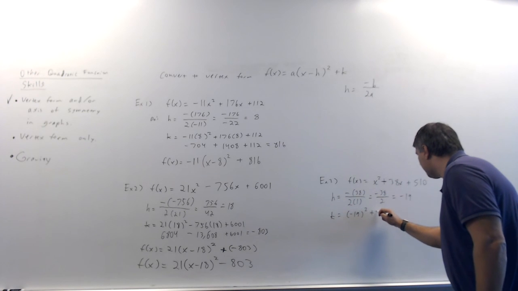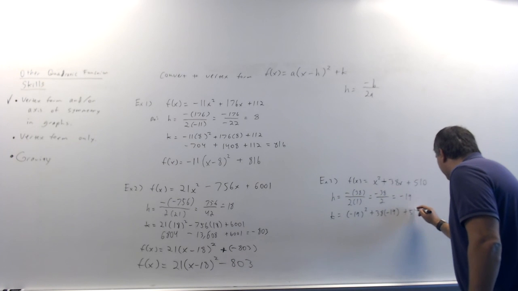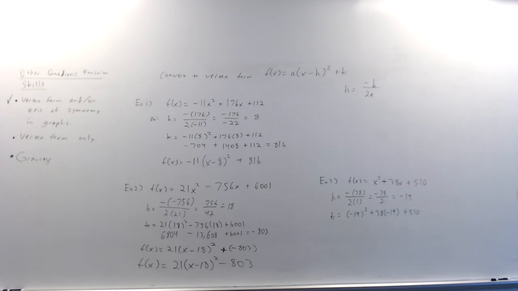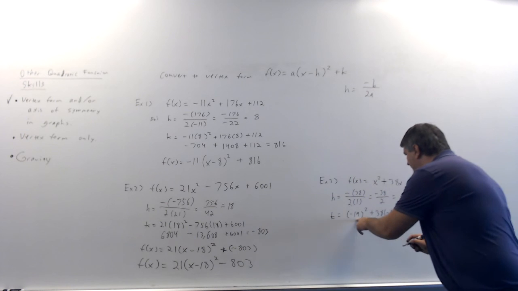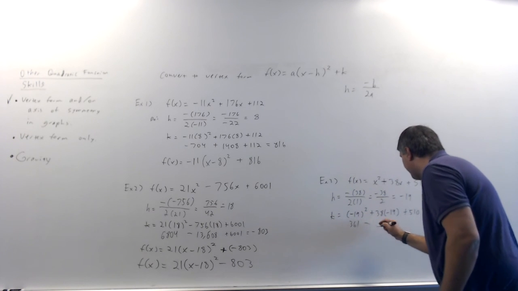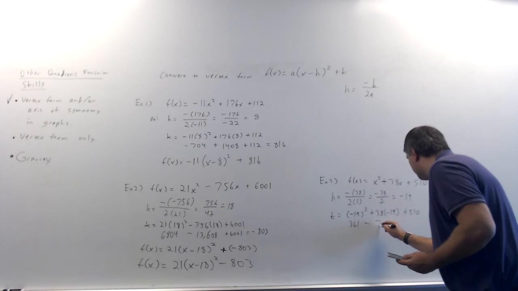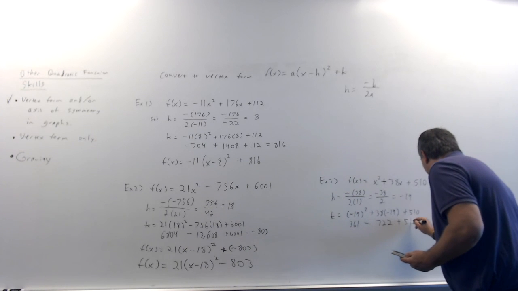Okay? So h equals negative 38 over 2 times the 1. Negative 38 over 2 is negative 19. K is negative 19 squared plus 38 times negative 19 plus 510.